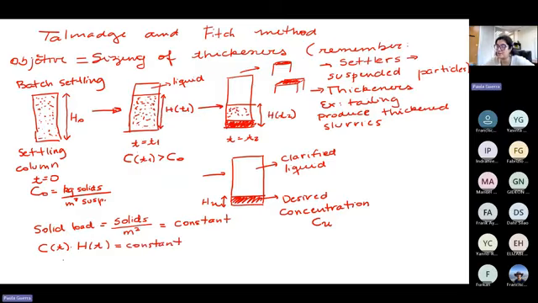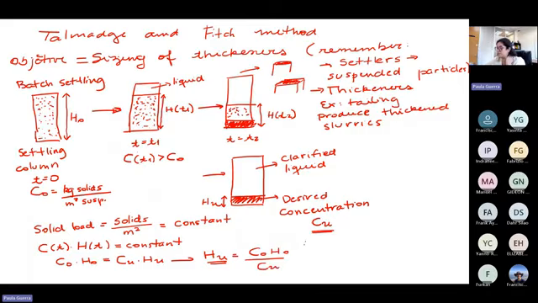So we could say, for example, that at time 0, C0 times H0 is going to be equal to the solid that we have here at the bottom, Cu times Hu. The Talmadge and Fitch method focuses on determining this final height, which is going to occur when we reach a certain concentration. So Hu is going to be C0 times H0 divided by Cu.